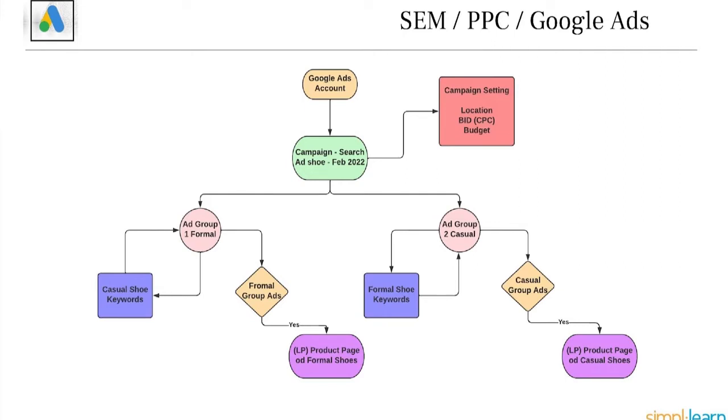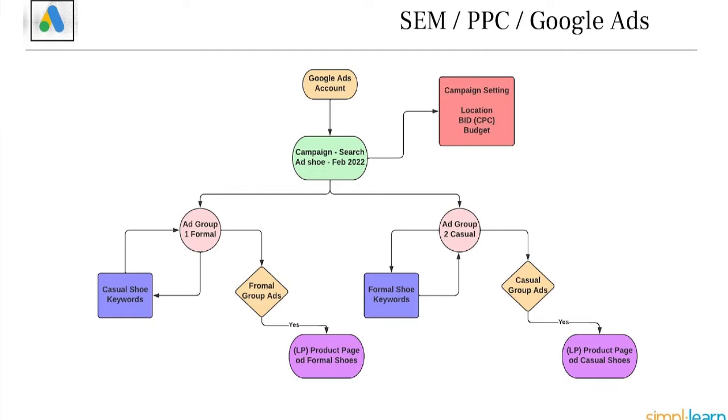Because I have got all my keywords like formal, casual, cricket, shopping, jogging, party, office, all the mix of keywords from the formal and casual family in the same ad group. The moment any of these six keywords is typed or searched on Google, this ad group would have got triggered, and then again randomly it would have shown the formal ad or the casual ad, because both of the ads would have been under this.